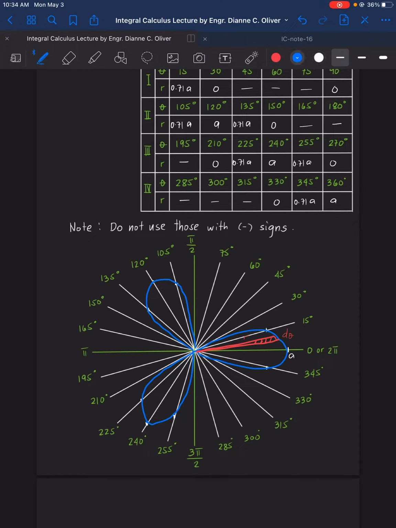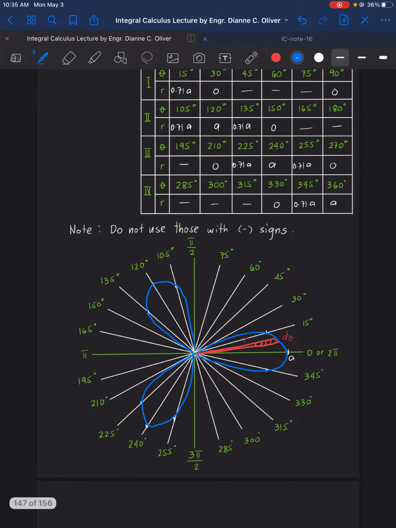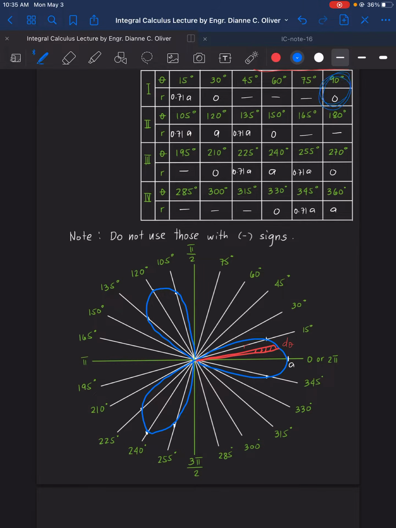The first one is I will consider the petal here. The first petal in the second quadrant, the 90 to 120. So the boundary that I will get is the 90, which is the 0. Take note. 90, which is 0 here.